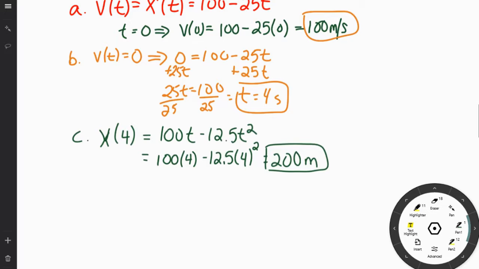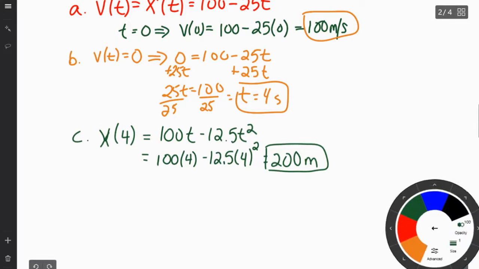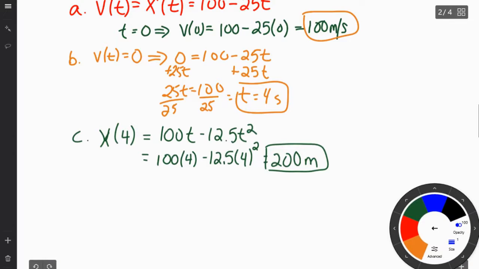Being fired off at 100 meters per second. Now part D is we're going to find the velocity as it strikes the ground. Well, in physics, as long as the acceleration is constant, there's a saying: the time to rise equals the time to fall. So it takes 4 seconds to get up to the maximum height, and it's going to take 8 seconds to come back down to its original position. So now we're just going to do v of 8.